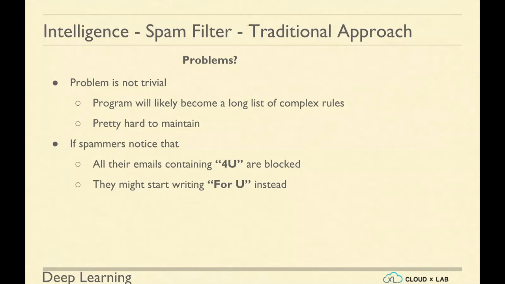That's right. So essentially spammers will keep working around your spam filters, and you will need to keep writing new rules. And that's exactly the problem with the traditional approach, right?